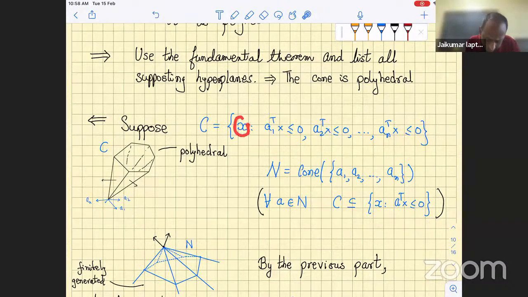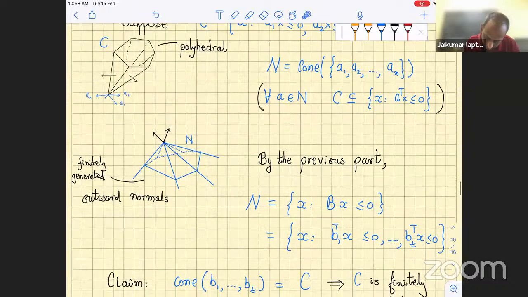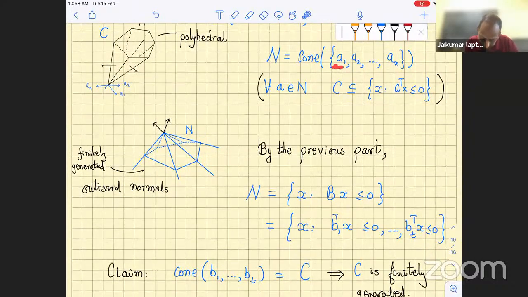That means BI has a right to be in this cone, because its dot product with each of these AIs is less than or equal to 0. Each of those AIs is part of this cone because it was generated by them.